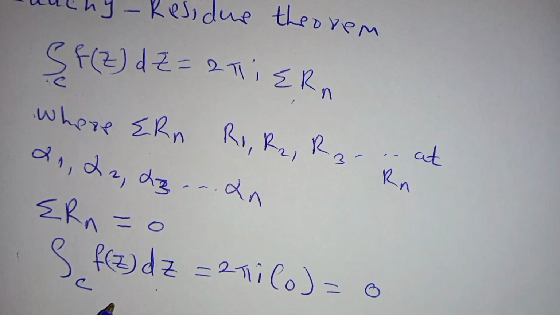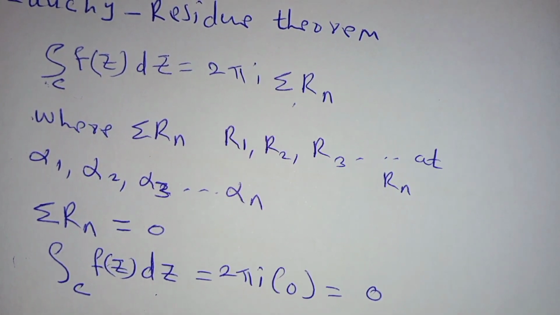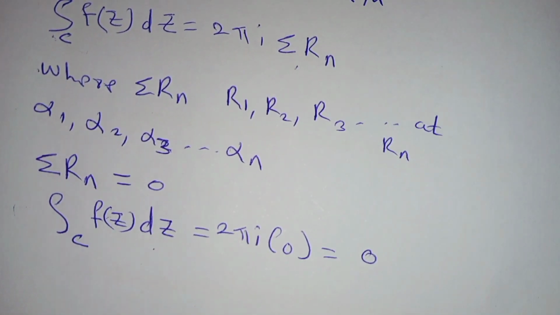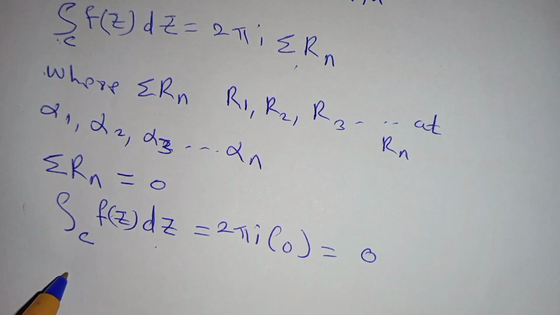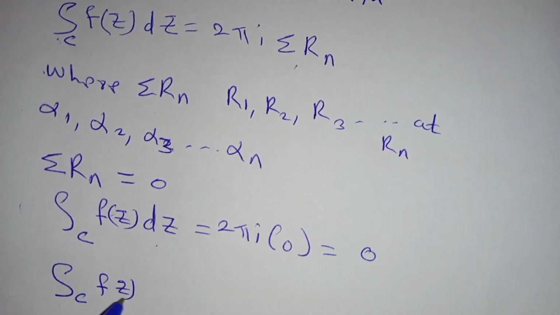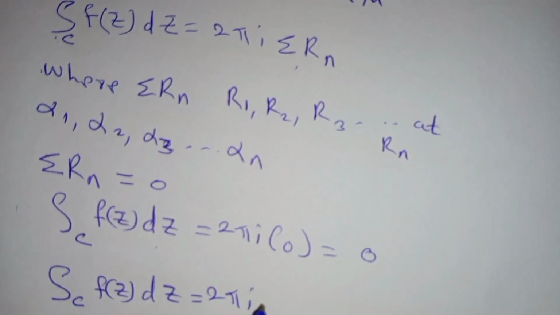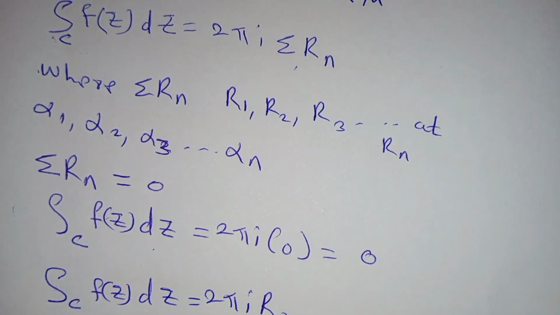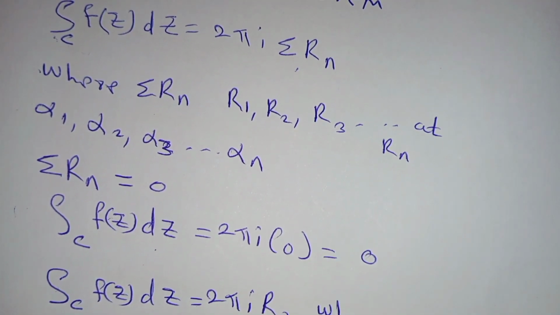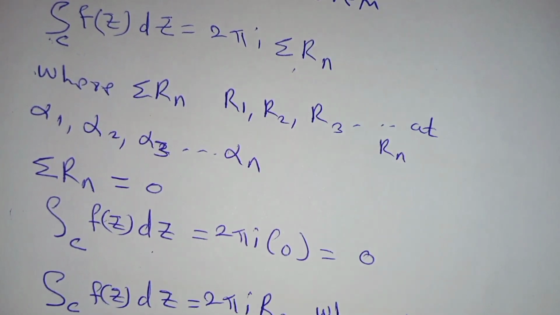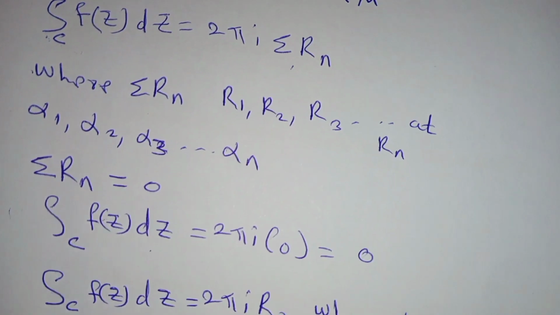In case you are considering a single pole, the Cauchy residue theorem is given by the following: the integral over C of f of z dz is equal to 2 pi i R alpha, where alpha is the pole at z is equal to alpha.